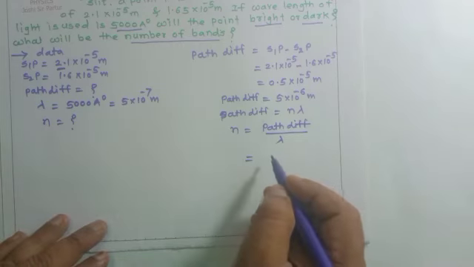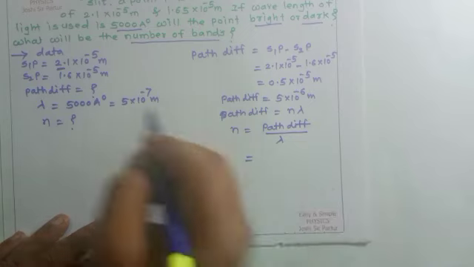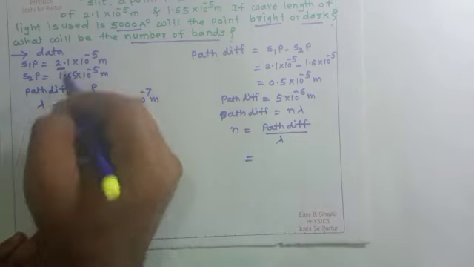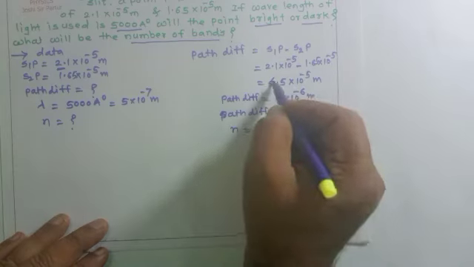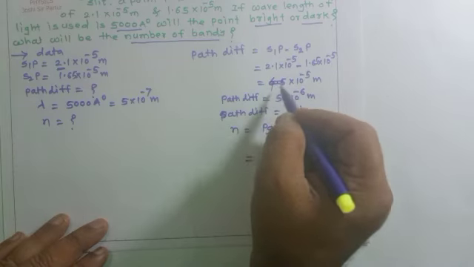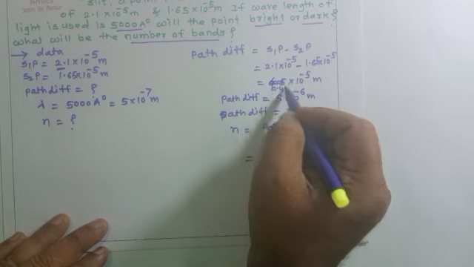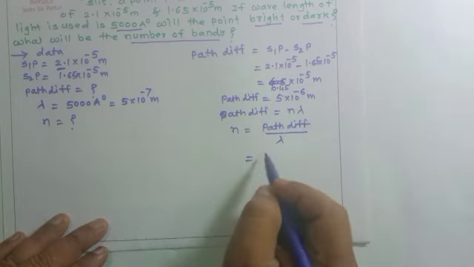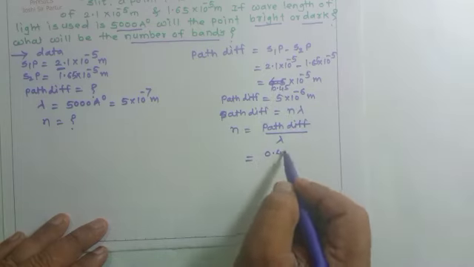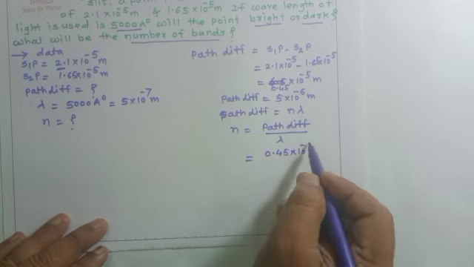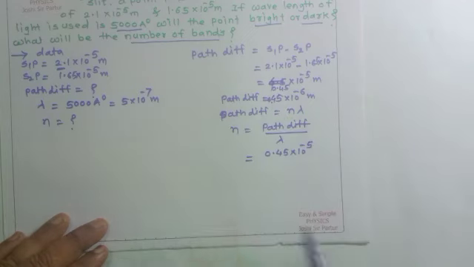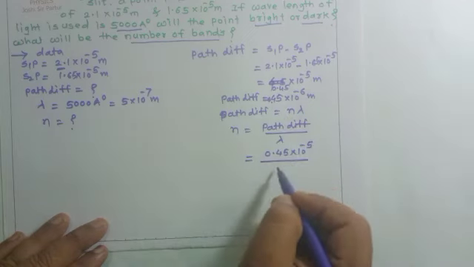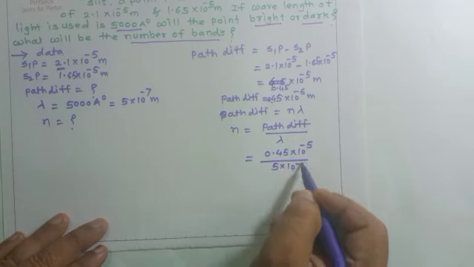If given 1.65, the path difference will be 0.45 into 10 raised to minus 5, divided by 5 into 10 raised to minus 7.